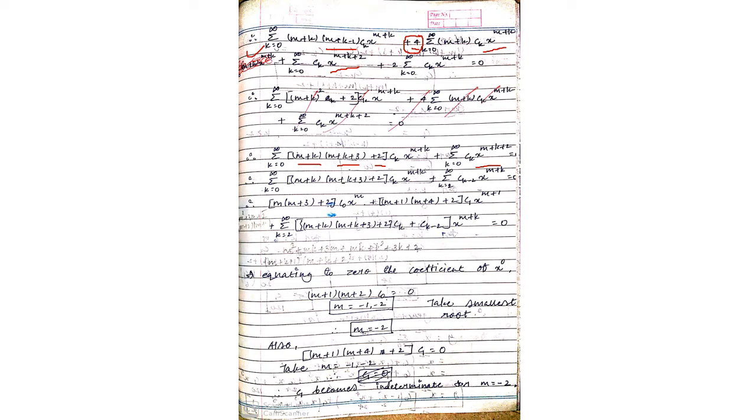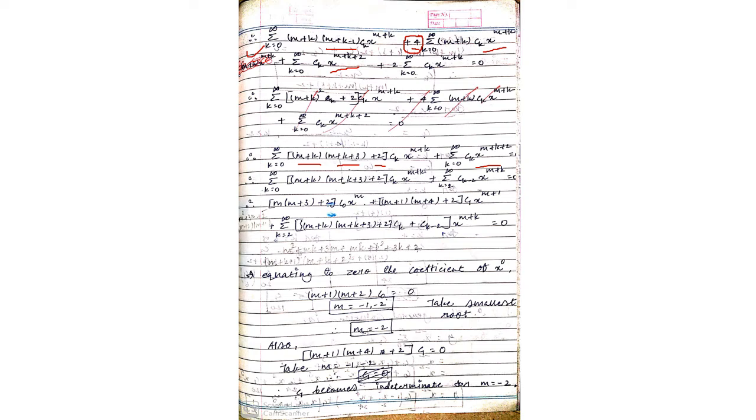So for that, from the first term you have to write two terms, that is for k equals to 0 and k equals to 1. Putting k equals to 0, that will be m as it is, here putting k equals 0, so that will be m into m plus 3 plus 2, c0 x to the m.